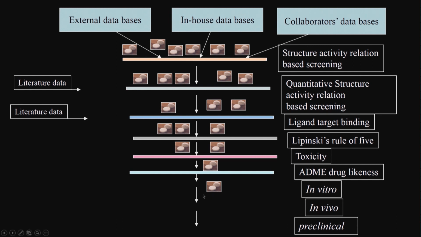So many different rules, and then I come up with a small number, maybe hundreds. I can do a high throughput screening, I come up with the best candidates, hits we will call them, then I may go to animal models, then I may go to human trials. So this is how we can combine in silico techniques with in vitro and in vivo preclinical studies.